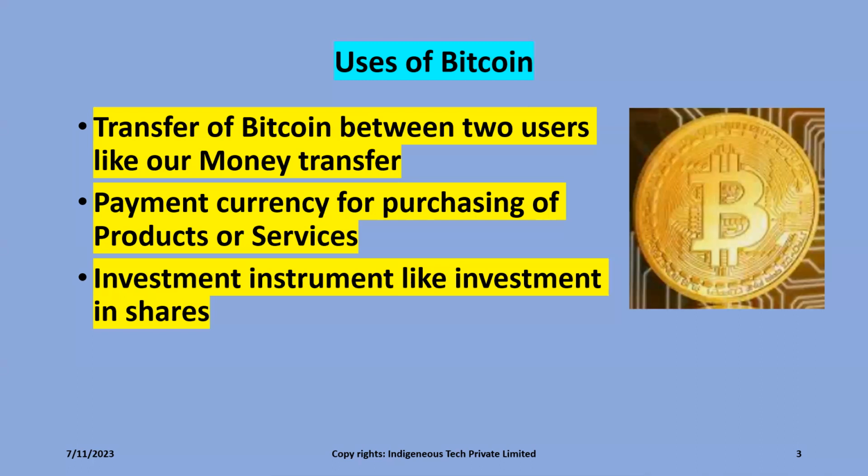Now, the other use of Bitcoin is we can also invest in Bitcoin, like we invest in shares. For example, you can purchase a Bitcoin and keep it in your account or in a wallet. Bitcoin values internationally are determined by demand and supply.